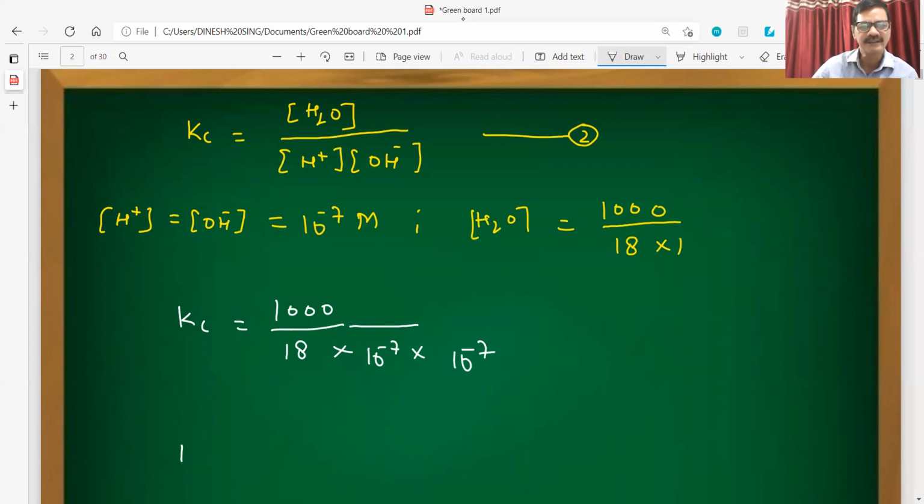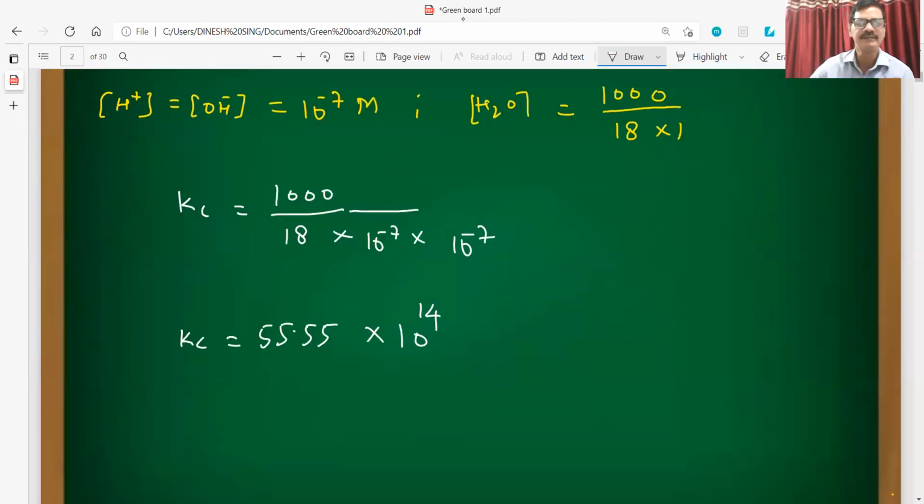Now 1000 by 18 is 55.55, and the 10 power minus 14, when we take it to the numerator side, becomes 10 power 14. So this value Kc is now 5.55 into 10 power 15.